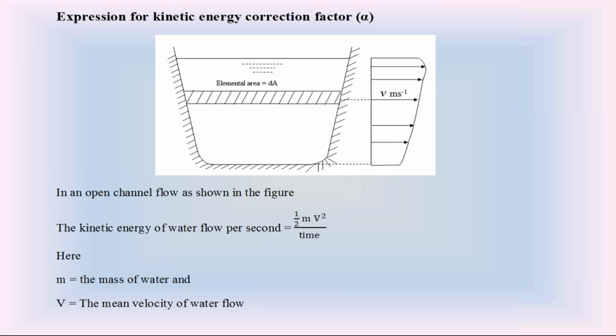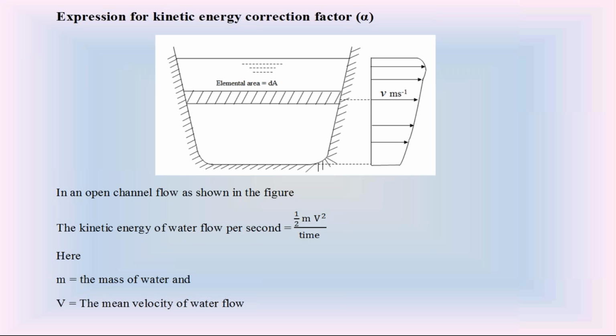Density is equal to mass divided by volume. That is the definition of density. From that, once density is equal to mass by volume, you get mass is equal to density into volume. That is the relation between density, mass and volume.